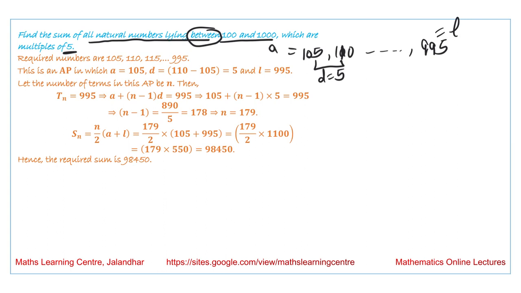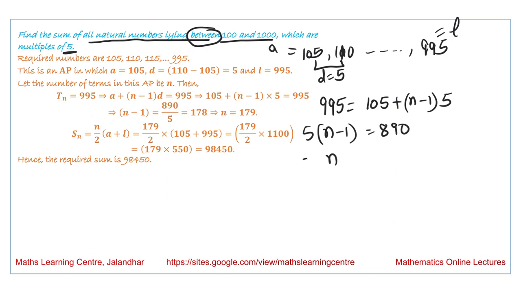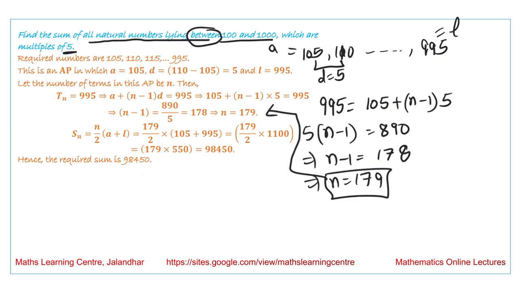So we obtain 995 = 105 + (n − 1) × 5. On solving, (n − 1) × 5 = 890. This implies n − 1 = 178, so n = 179. This is the value of n that we have.